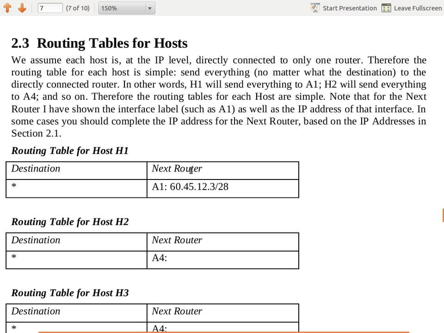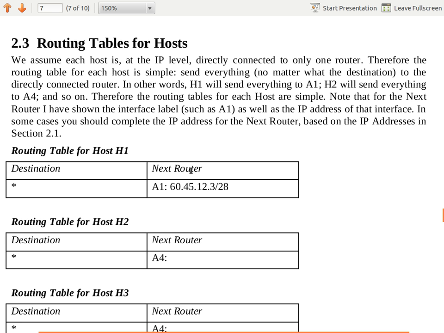What I've given you is saying, if we're at host 1, if we want to reach any destination in this internet, the star means any value, then we will send our IP datagram to the next router identified by 60.45.12.3, which is our A1.